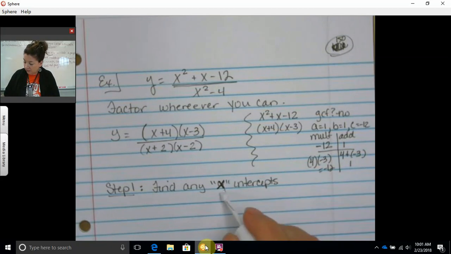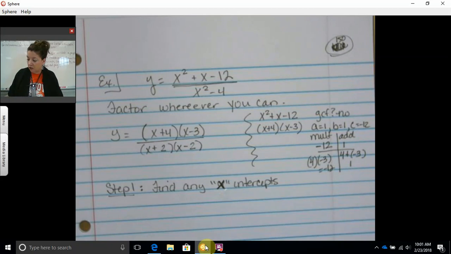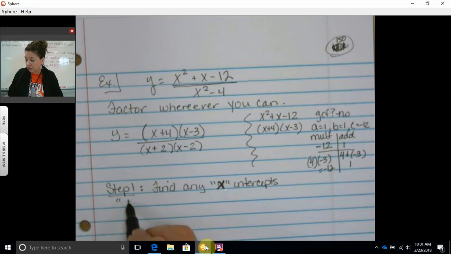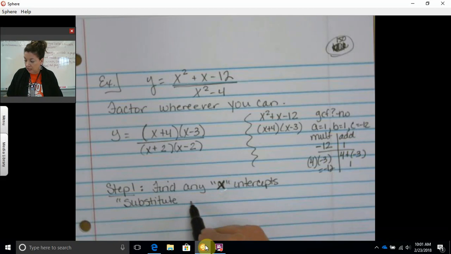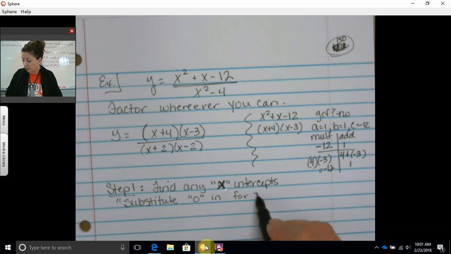Find any x-intercepts. And to do that, we substitute a 0 in for y, solve for x. I kind of like, at least on the first one, to not rewrite the whole step, but just so when you look back, you know how you got it. Substitute 0 in for y and solve for x.